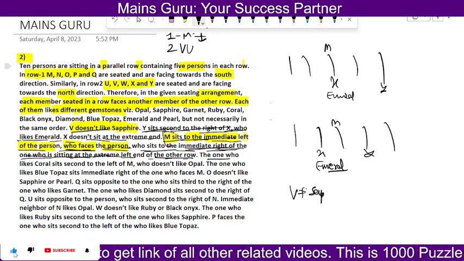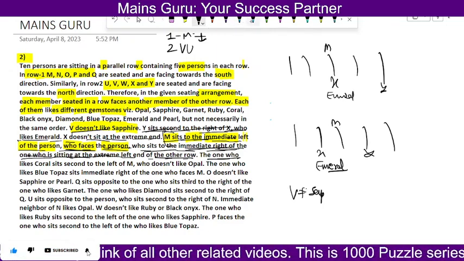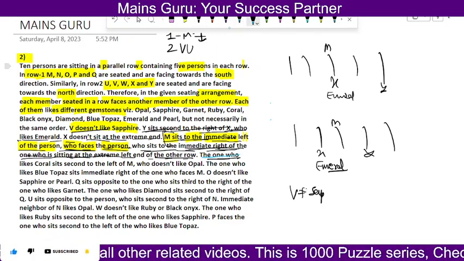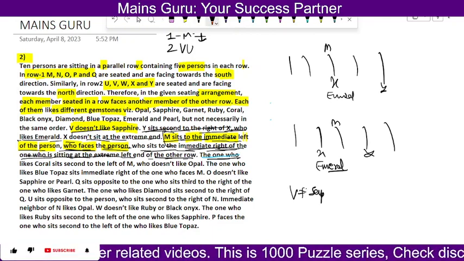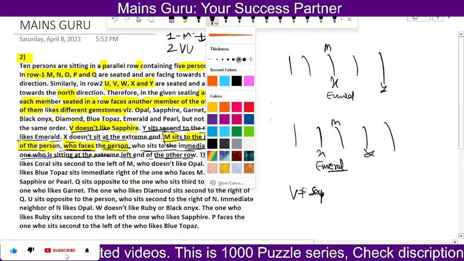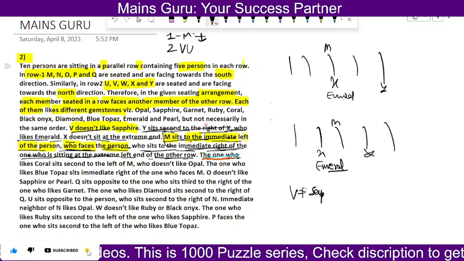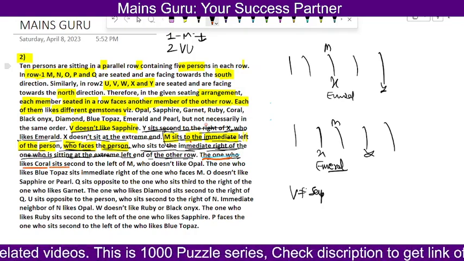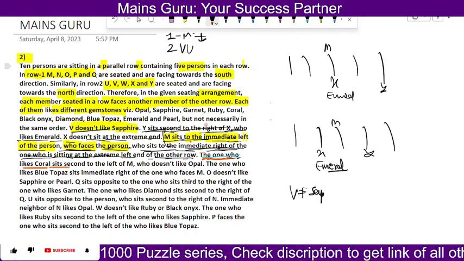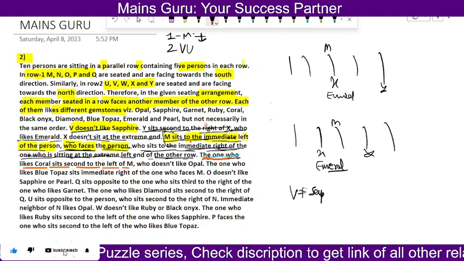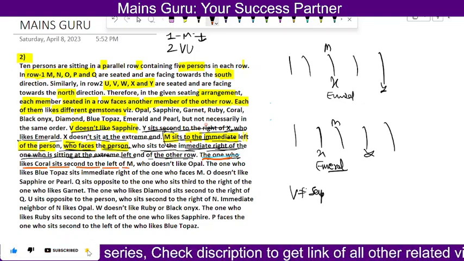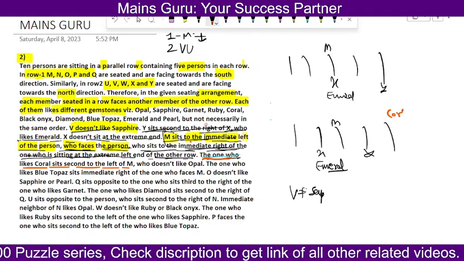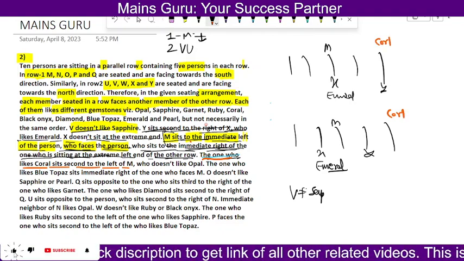Now the one who likes, let me increase the size of this. The one who likes Coral sits second to the left of M. Second to the left of M means this side will be Coral, and here Coral will be here.